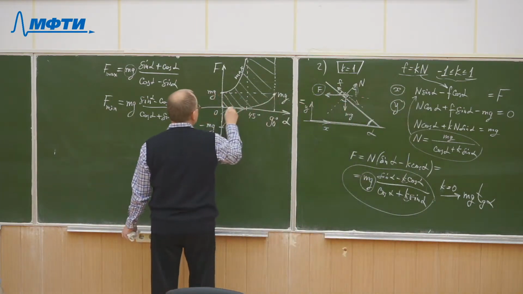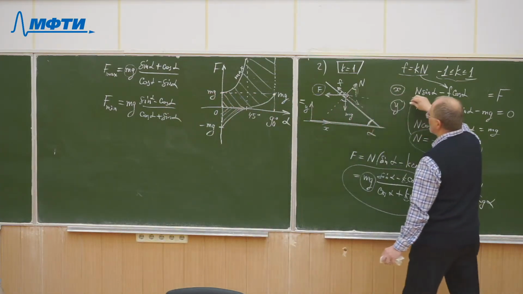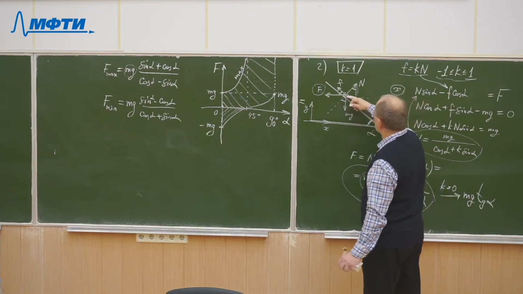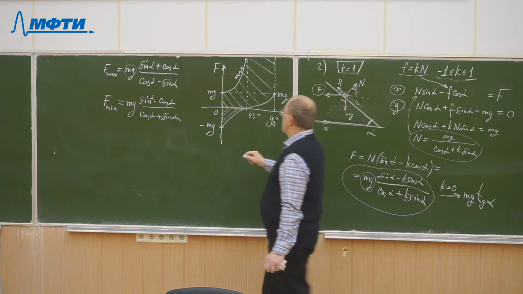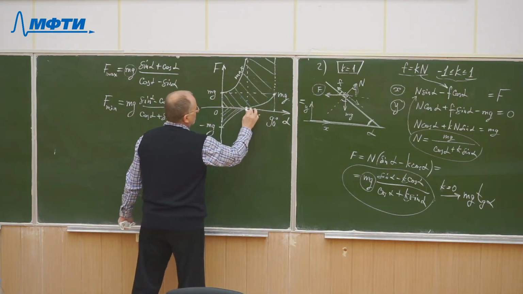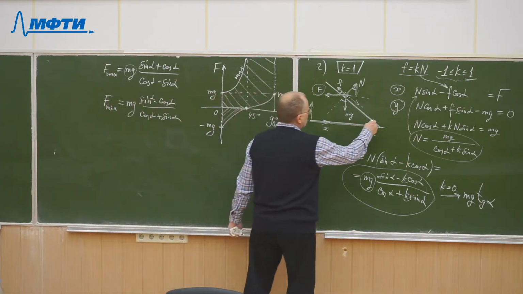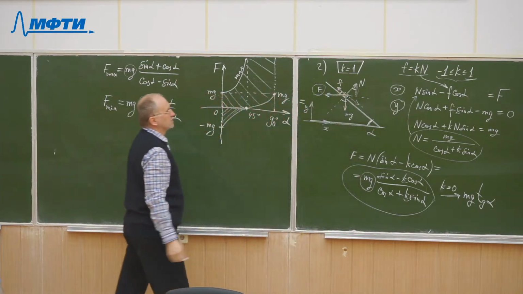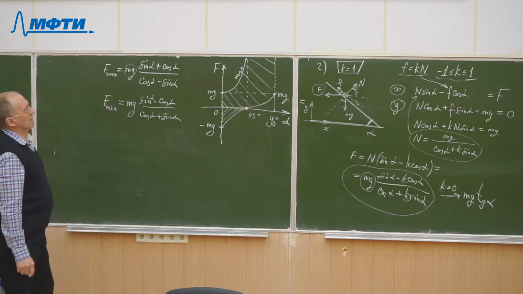Negative force, according to our convention, is when we pull the body by a string. It's impossible to keep the body at rest if you pull the body and the angle is larger than 45 degrees. That's reasonable. 45 degrees is the maximum possible angle at which the body is at rest by itself, without any external forces, only due to the force of friction. So the whole picture is like this.